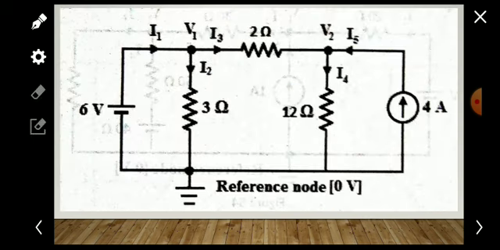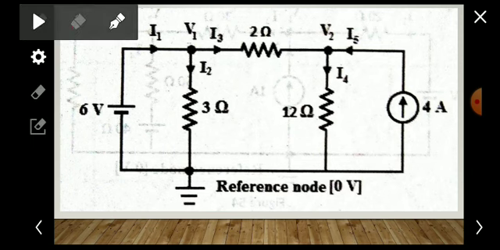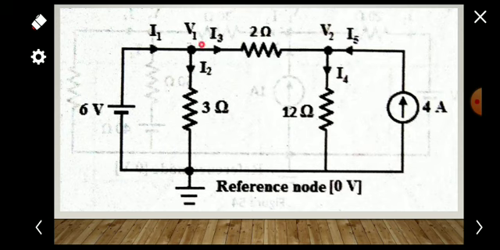This is the circuit where we have assumed the node voltages and nodes. Here the first node voltage we have taken as V1, and the second node voltage is V2.